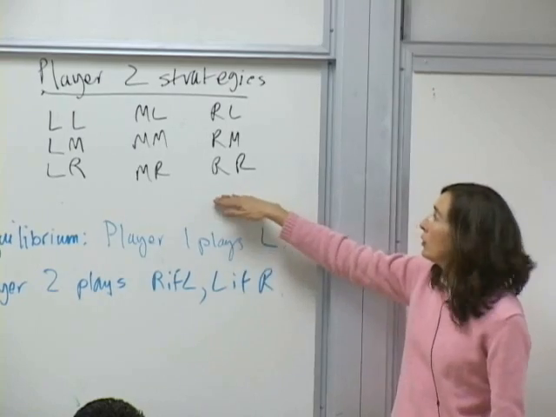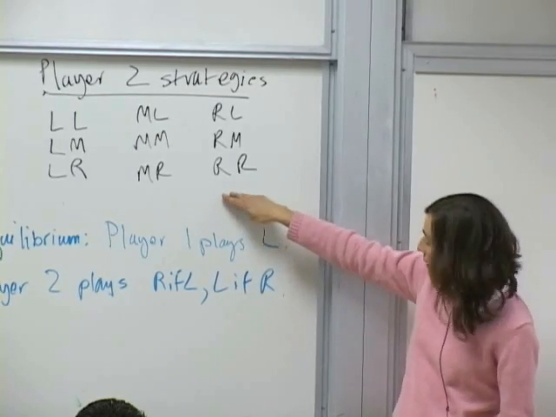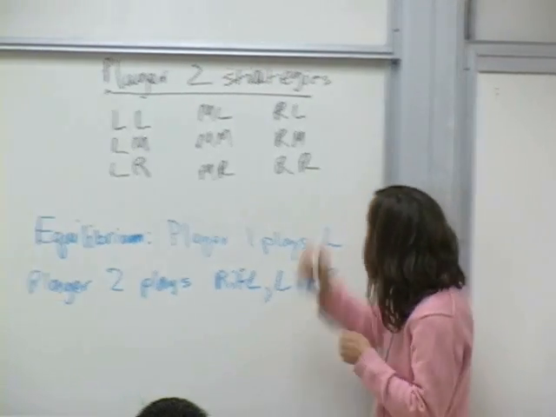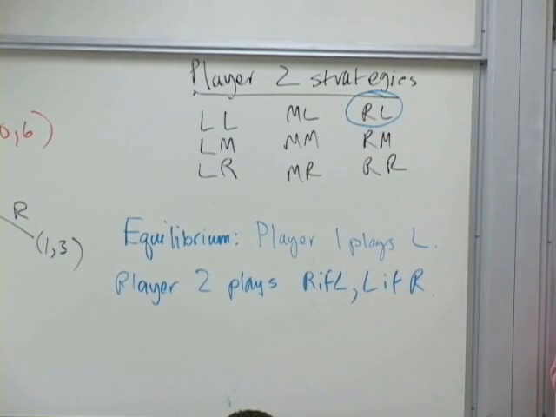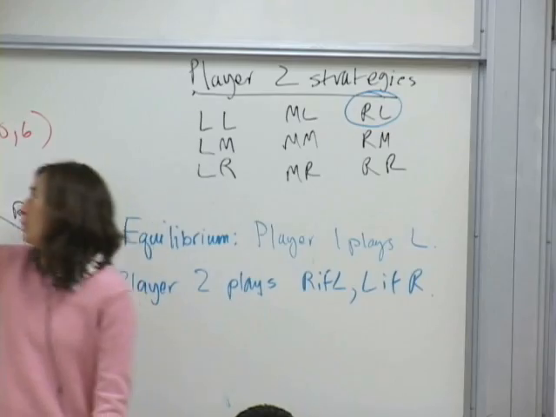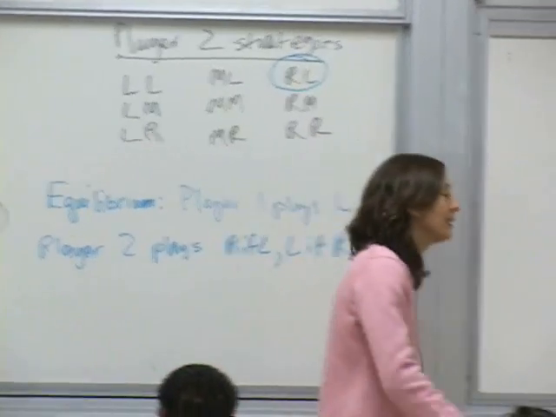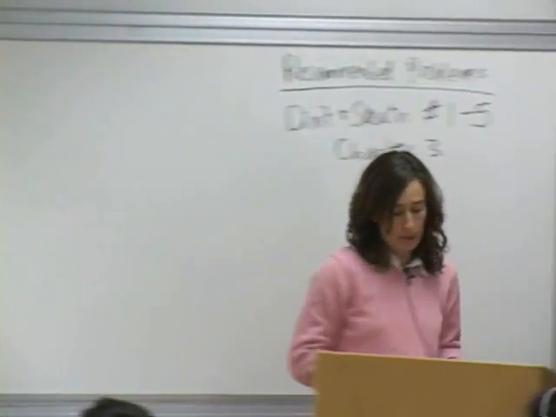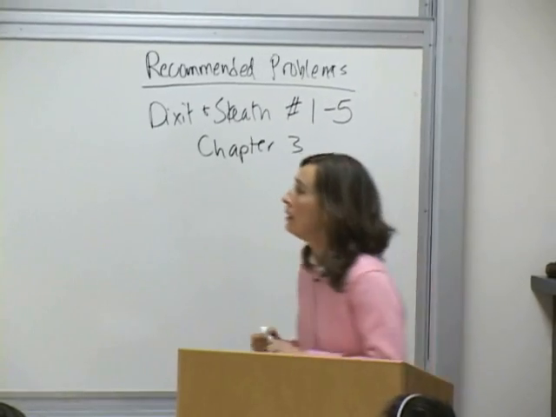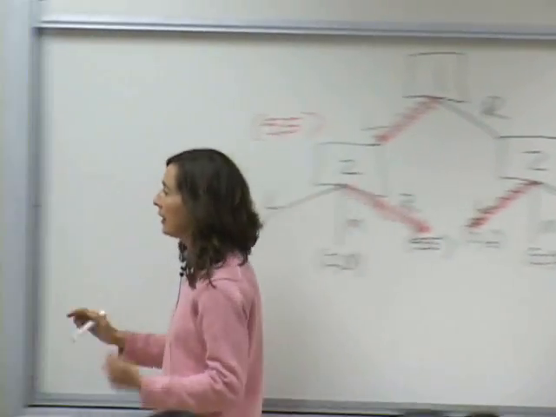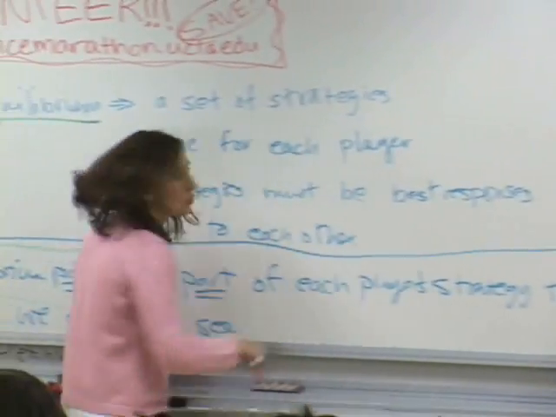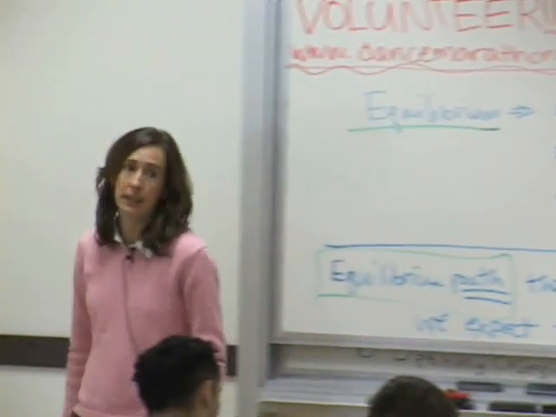Out of player 2's 9 possible strategies, 1 is part of an equilibrium. Out of player 1's 2 possible strategies, 1 is an equilibrium. The equilibrium path, again, is the part of each player's strategy that we actually expect to see.